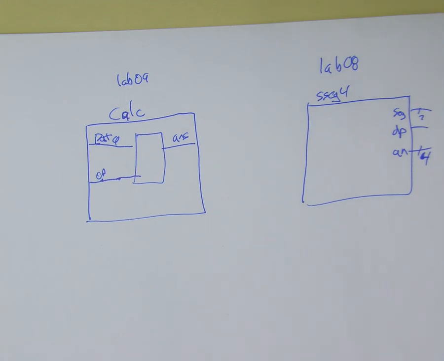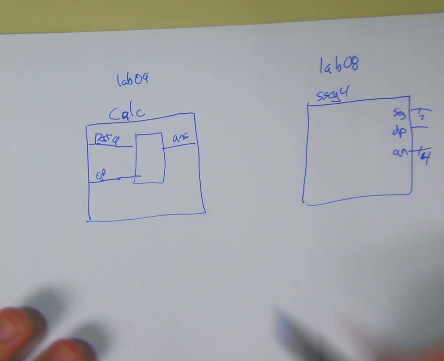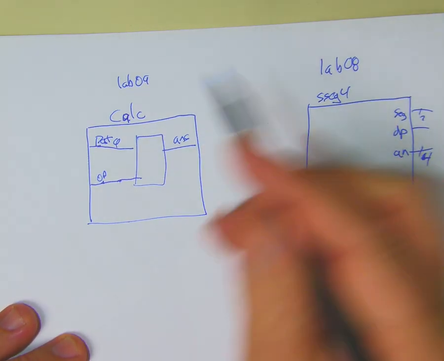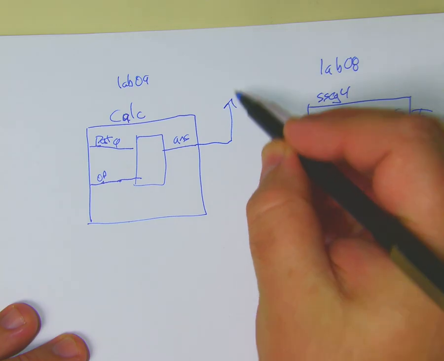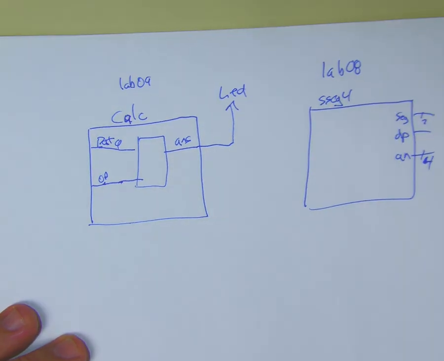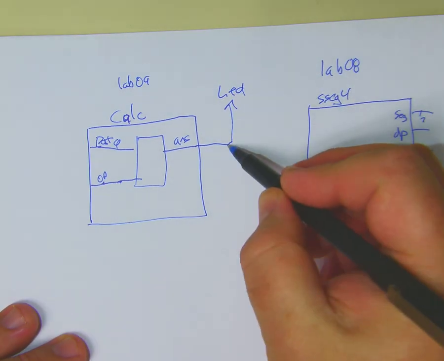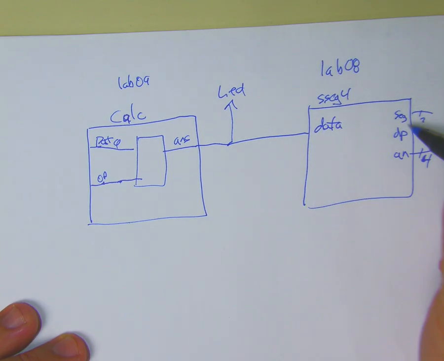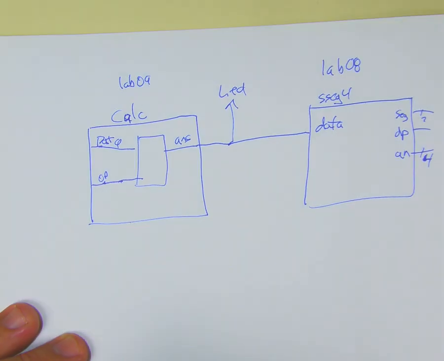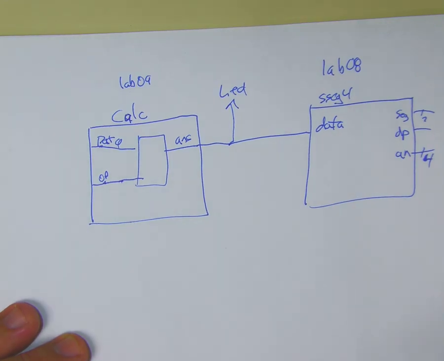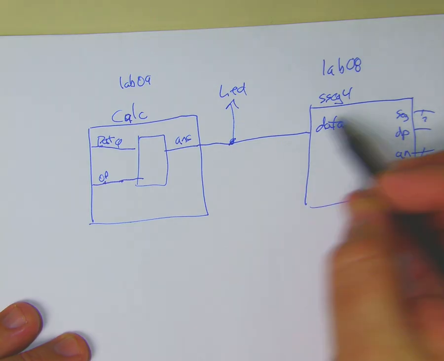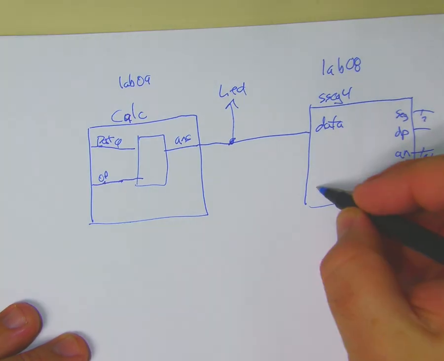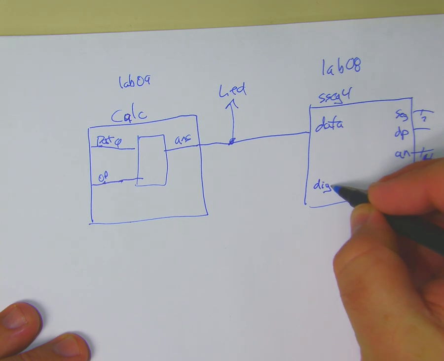Now, what we really want to do on this one, last time you took the answer and some other stuff and you drove LEDs with it. What we want to do is have this come into, this is our data to show, to display. And you gave it clocks and hex choices and stuff like that, but don't worry about that. We want to hook this up. And then we also had basically a digit selector.